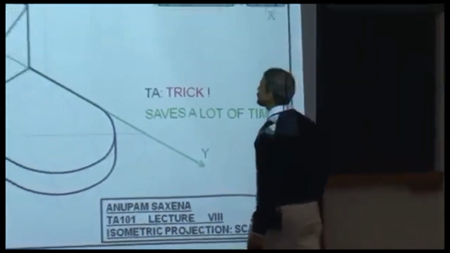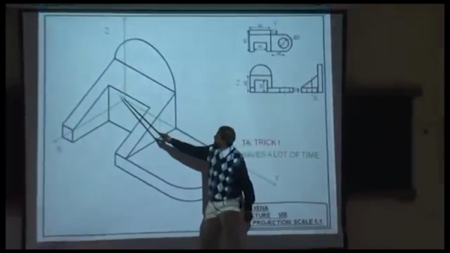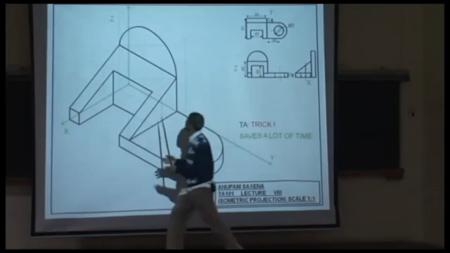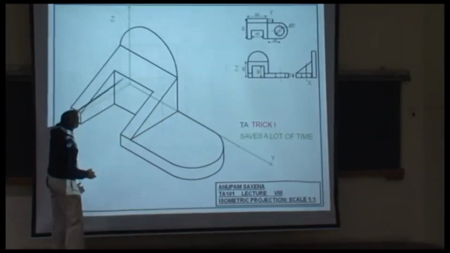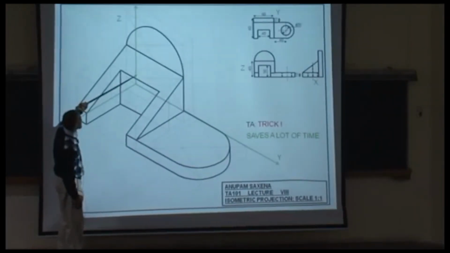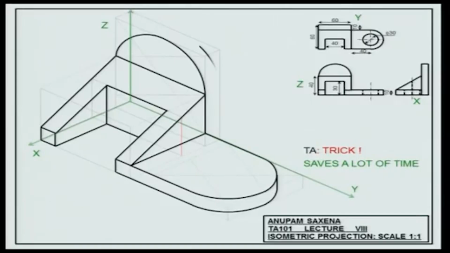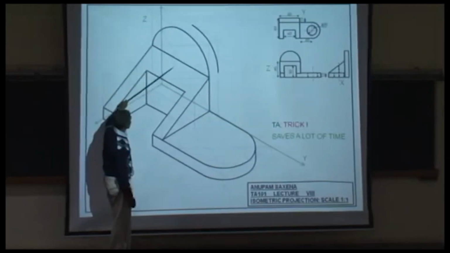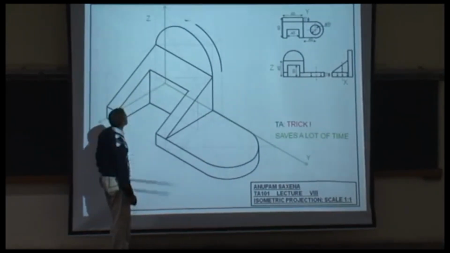So what I would do is, this was my center for this arc. I would go 10 parallel to the x. Identify this as center with the same radius. I'll draw an arc at the back. From here, I'll go 10 again parallel to x.